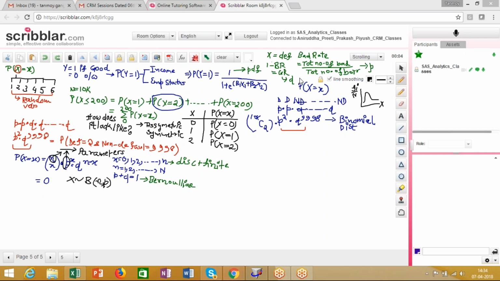I had explained this difference last class as well as the class before. So can you recollect that?